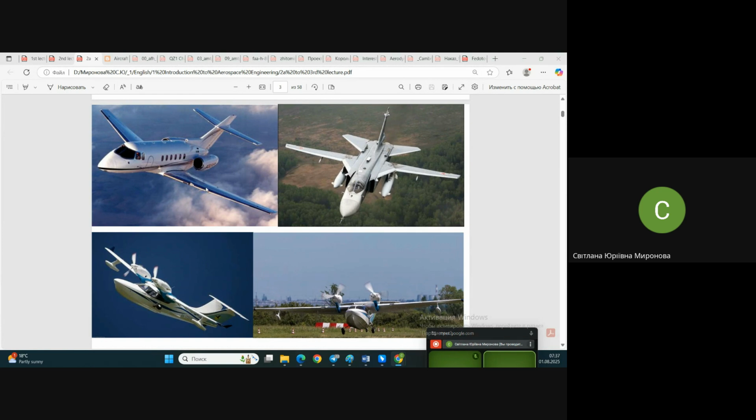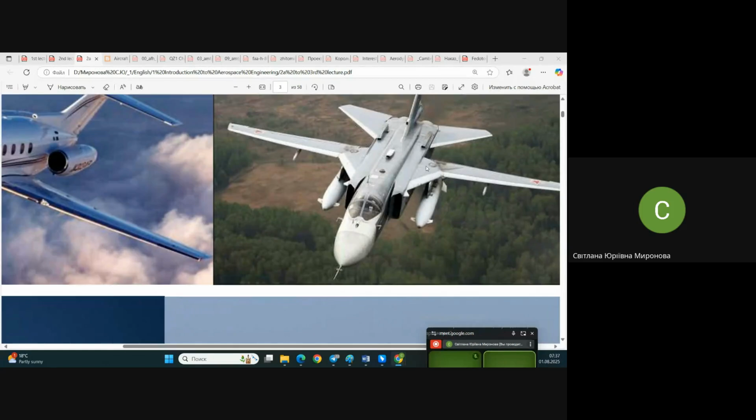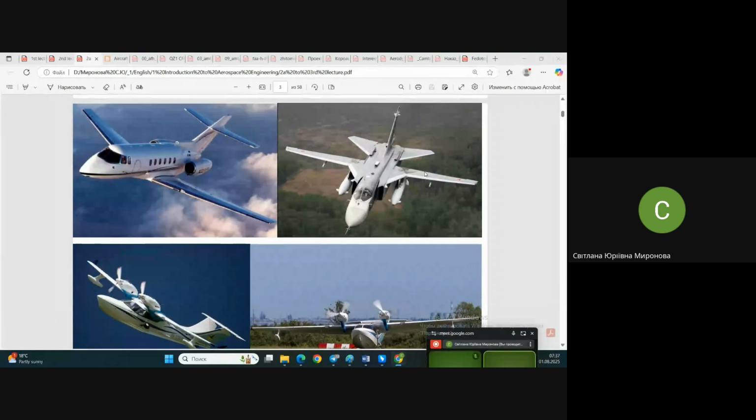In this case, we see a so-called swept wing, normal sweptness. And in this case, swept, but you might see the tracks of wing rotations. So-called pivot is here, and this pivot is responsible for rotating the wing during the flight. It's variable sweepness, variably swept wing. And what is it for?